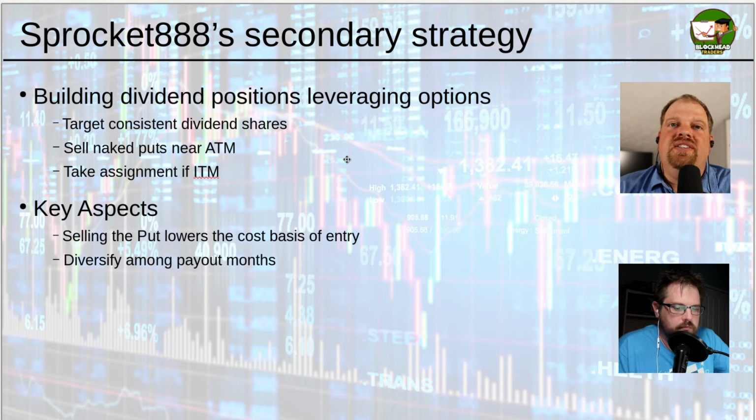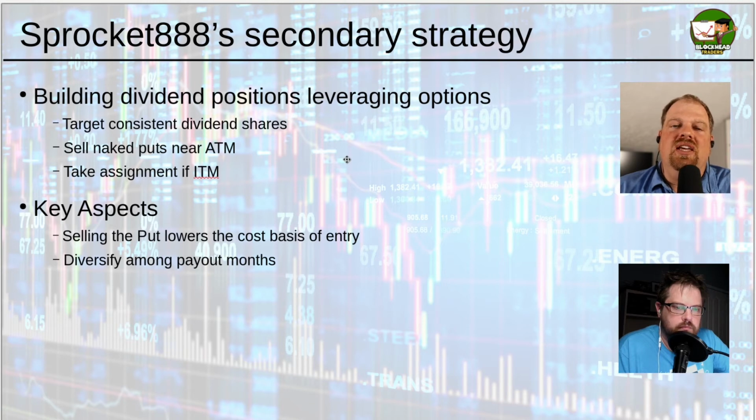And what that does is it allows me to collect premium on it. And if the stock falls in the money, then basically I get assigned that stock and I will pay whatever that strike price is that I sold, but I get to keep the money from the premium that I sold. And so essentially what it's doing is it allows me to enter at a lower price, because it usually means the stock has to fall from its current price to become in the money.